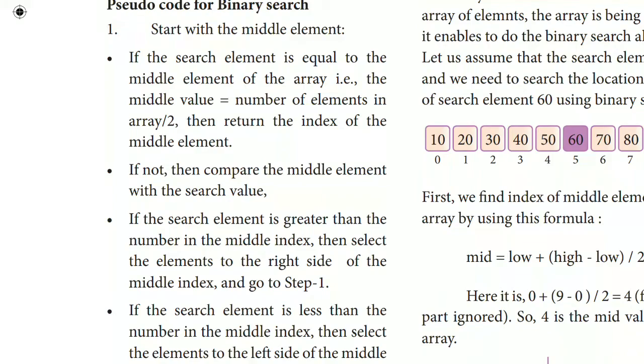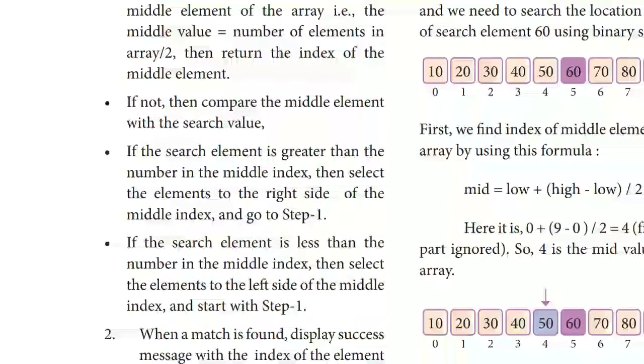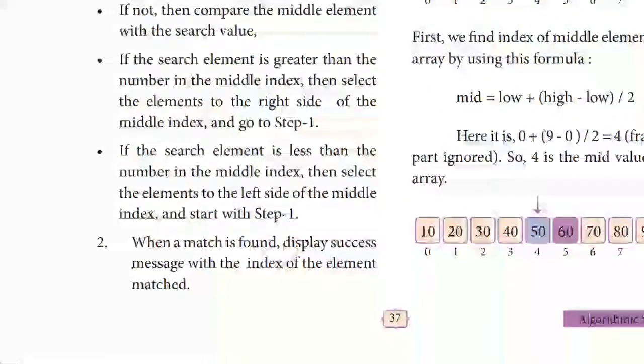Now go to step 1 again, and if the search element is less than the number in the middle index, then select the elements to the left side of the middle index and start step 1 again.